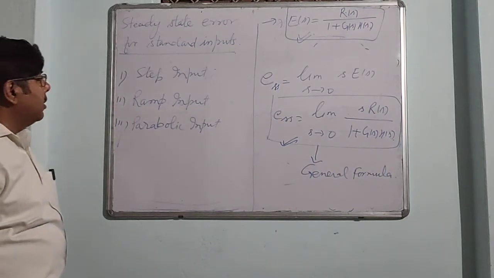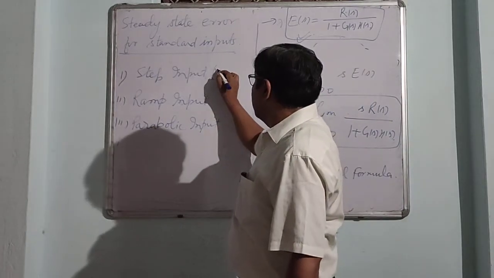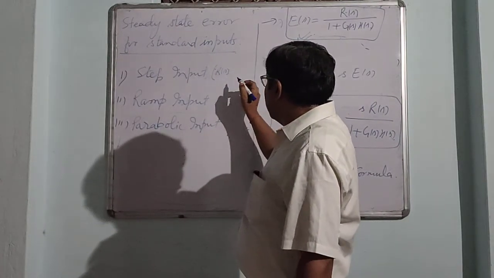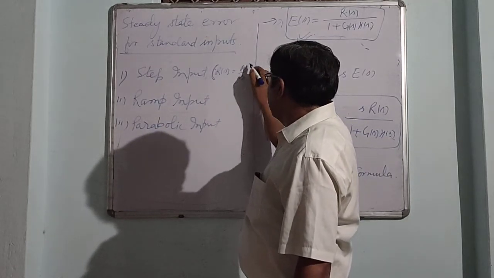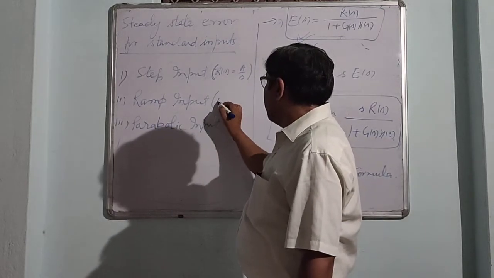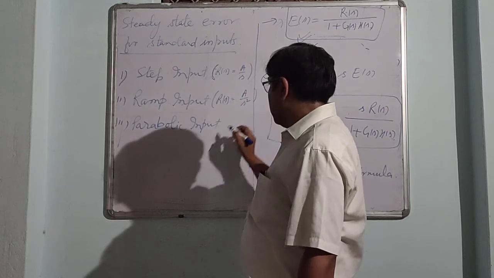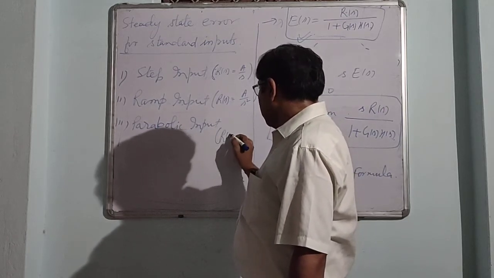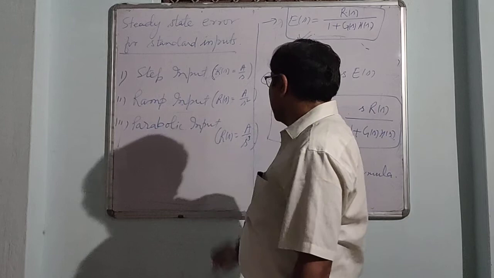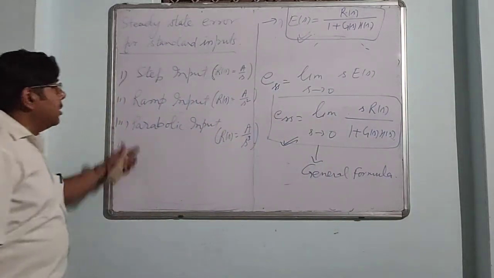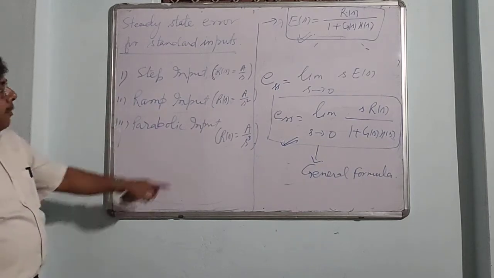For step input, R(s) is A upon s. For ramp, R(s) equals A upon s square, and for parabolic, A upon s cube. So these are the three inputs for step input, ramp input, and parabolic having magnitude A.